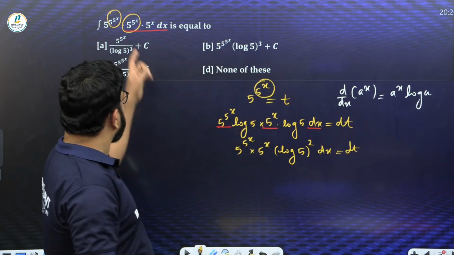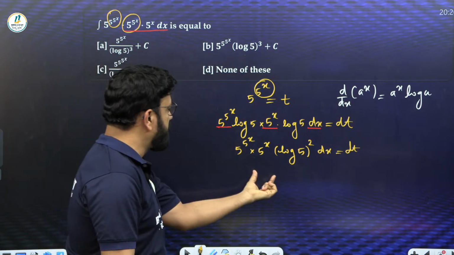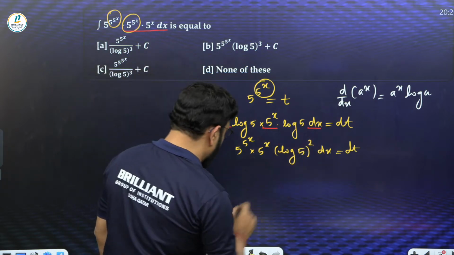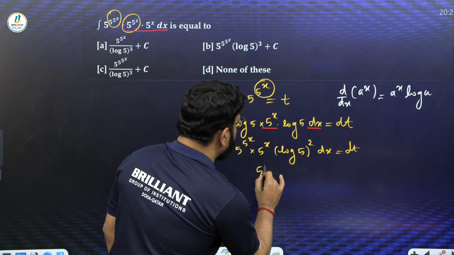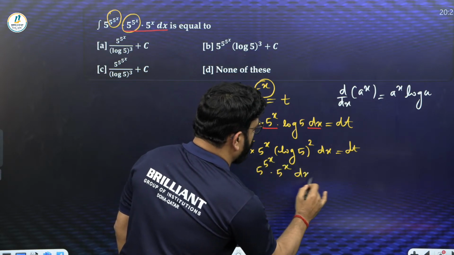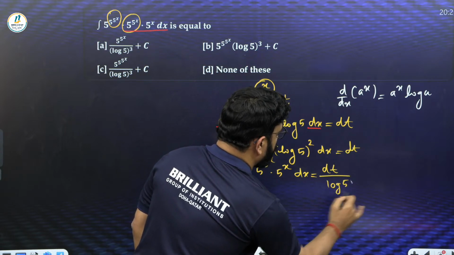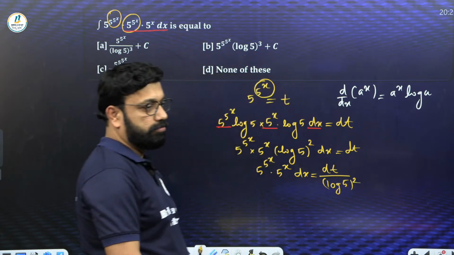I told you we need 5 raised to 5 raised to x and 5 raised to x dx only on the left side, the remaining all take to the other side. Then we can write 5 raised to 5 raised to x into 5 raised to x dx equal to dt upon log 5 the whole square.